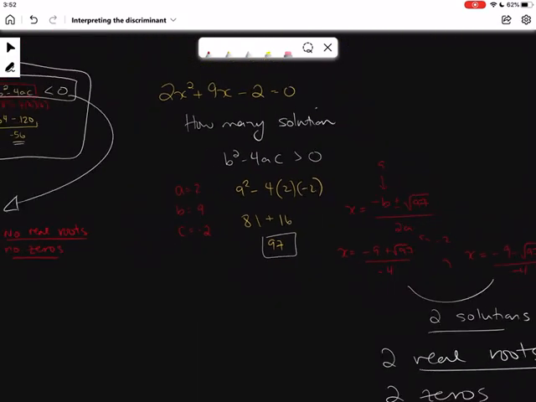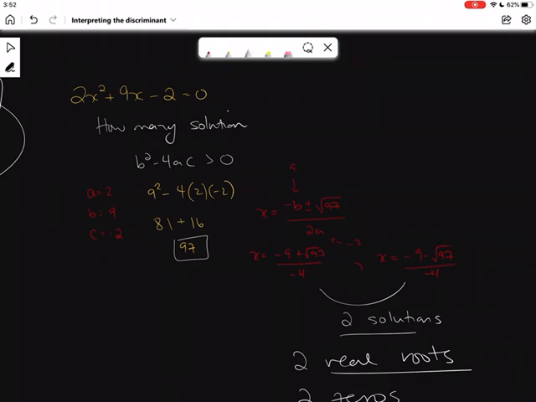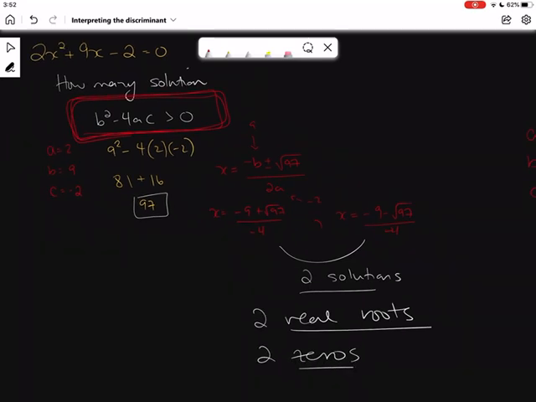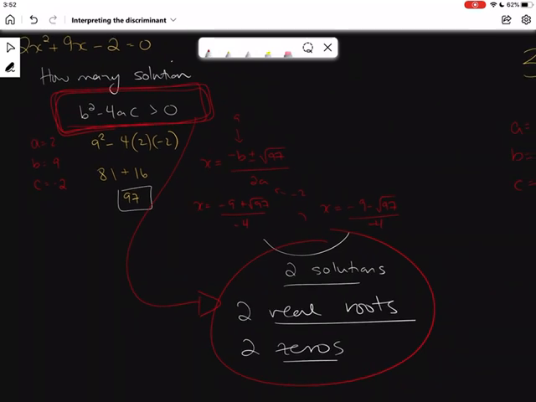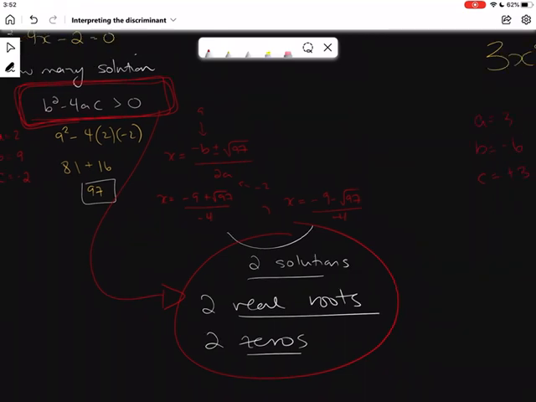When my discriminant is greater than 0, then I end up generating two solutions because I have this radical, this root 97 in this particular example, but that would happen every time. I have this radical that I'm adding to my negative b value in the numerator, and also subtracting. So I get two solutions: one where I'm adding, one where I'm subtracting.